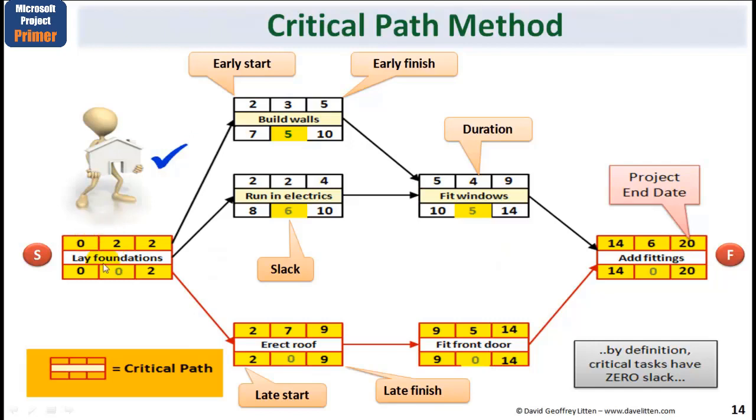The method of layout for each node is that here is the start date or time of the task, and here is its finish date or time. Here is its duration, let's assume in days. So it starts on day 0, time 0 if you will, and finishes at the end of the second day. And that's shown for each of these nodes or tasks.